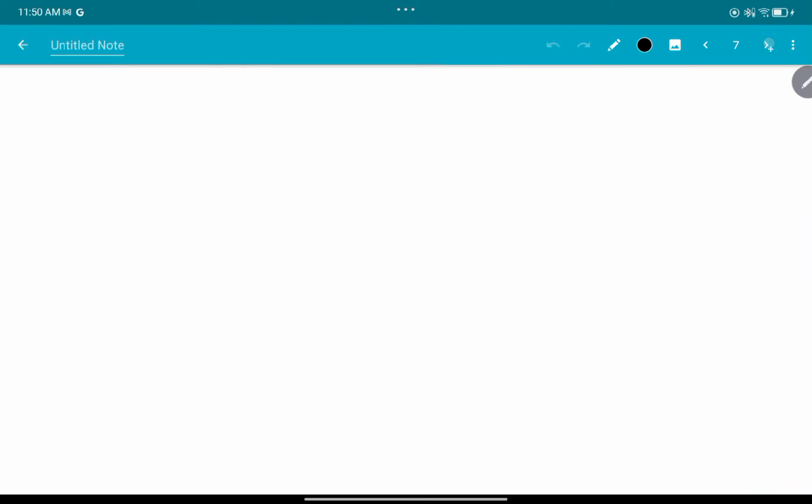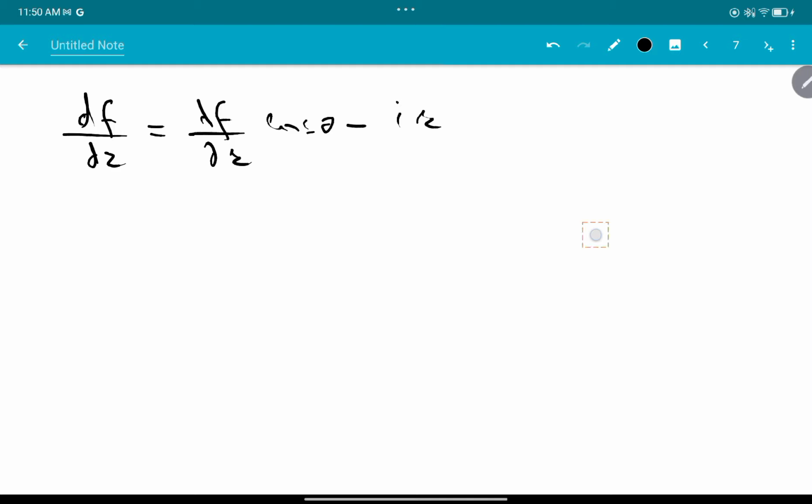Let me now go to another page. I have del f by del z. Sorry, it is not del, it is the total derivative. Df by dz is equal to del f by del r cos theta minus i r, and r will cancel one. Let me first write it: i r del f by del r into sine theta by r.